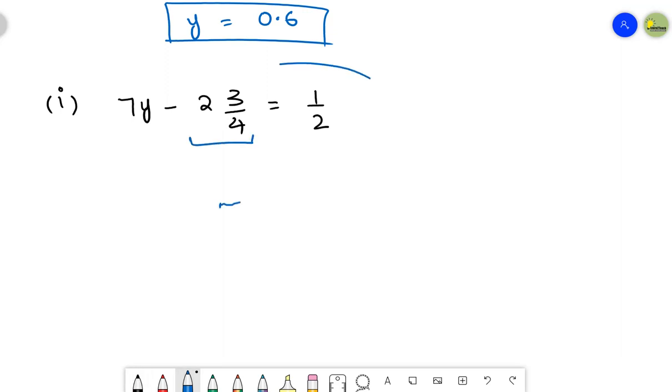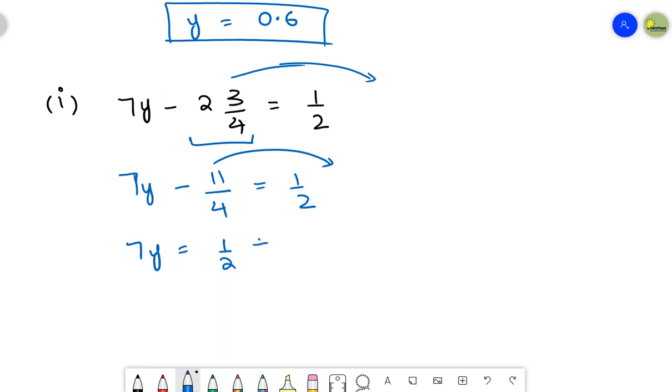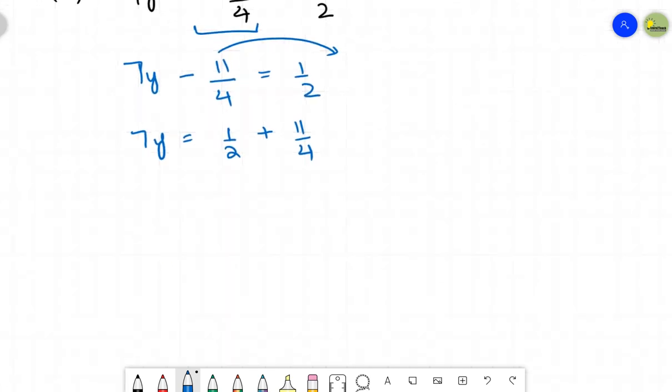You need to shift the whole fraction to the other side of the equation. But before shifting, let's convert it into an improper fraction by multiplying. 4 2s are 8, 8 plus 3 is 11 upon 4 equals to 1 upon 2. Now let's shift it to the other side. It becomes 1 upon 2 plus 11 upon 4. Right? You can shift the whole fraction to the other side of the equation.